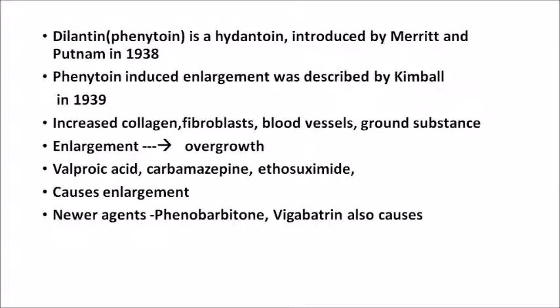As we already said, the fibroblasts are increasing and producing more collagen, the blood vessels are increasing, the ground substance is increasing. So whatever structures normally increase in a normal growth, all these structures are increasing. So the natural growth is overly happening. So it is called overgrowth.